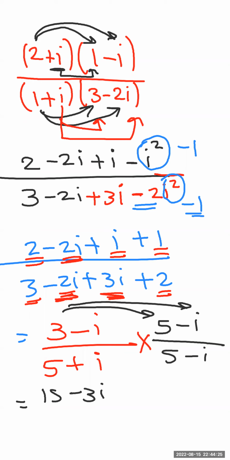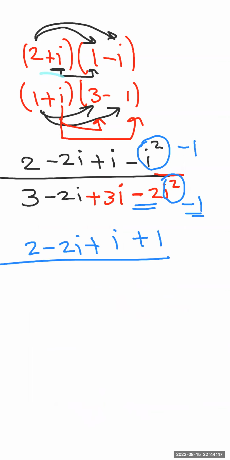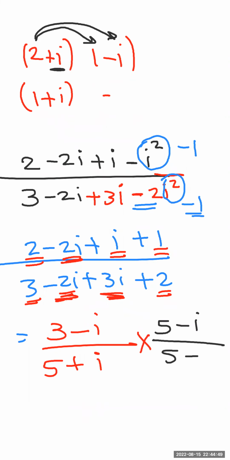Then negative i times 5 is negative 5i. Negative i times a negative i is plus i squared over the denominator. We agreed that it will be in the form of a difference between two squares, so first squared minus second squared: 25 minus i squared. I'm going to clear this part from the board on the top so that we can continue.